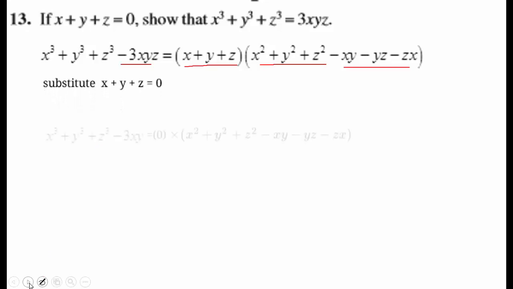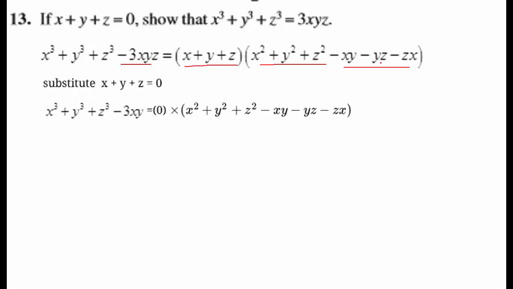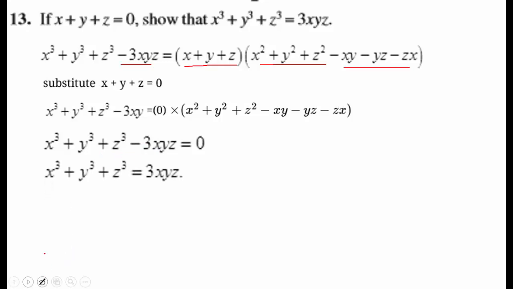On substituting, the right hand side will become 0, and we are left with x cube plus y cube plus z cube minus 3xyz equals 0. When 3xyz goes to the right side, it becomes positive, and x cube plus y cube plus z cube equals 3xyz. Hence this is proved.